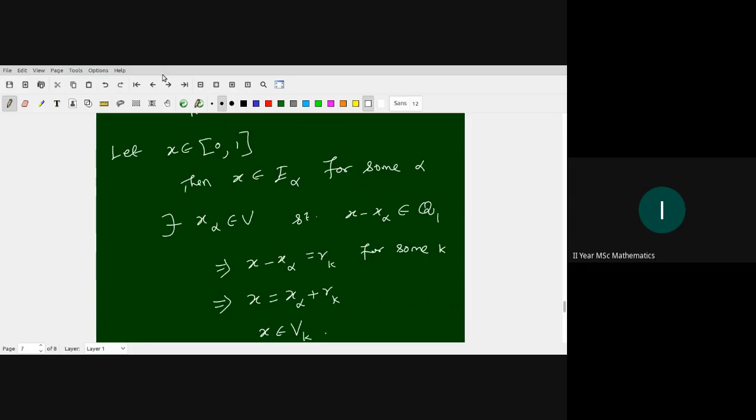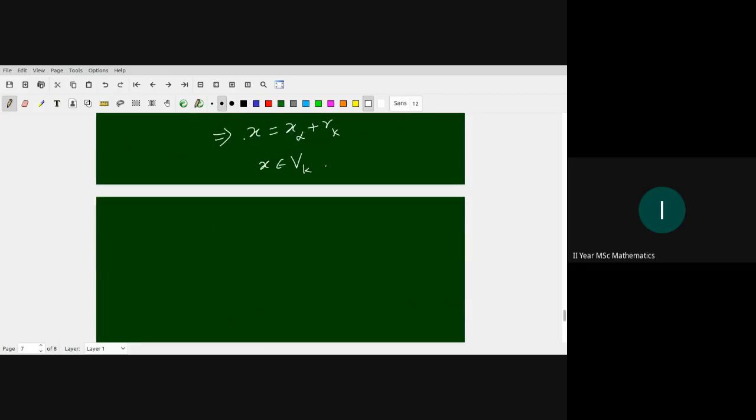So if you choose an element from 0, 1, it belongs to some Vk. Therefore 0, 1 is a subset of the union of Vn, n from 1 to infinity.